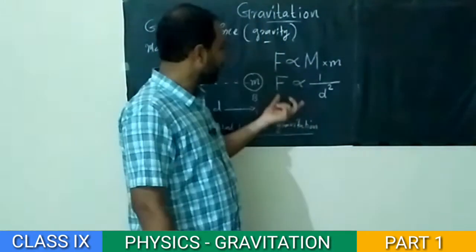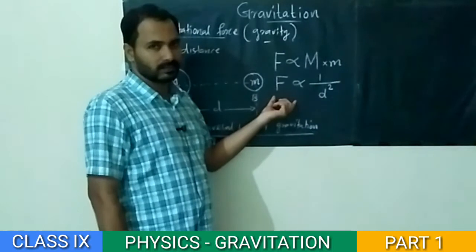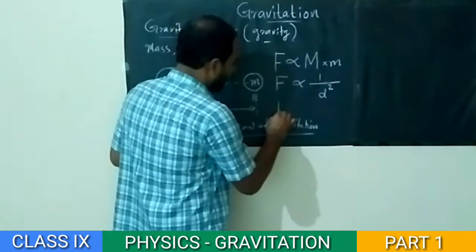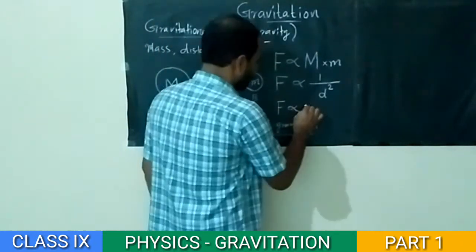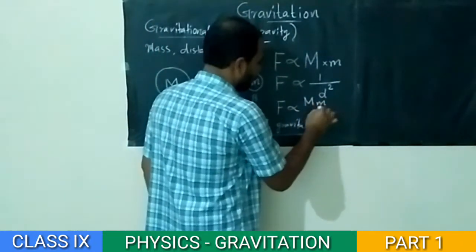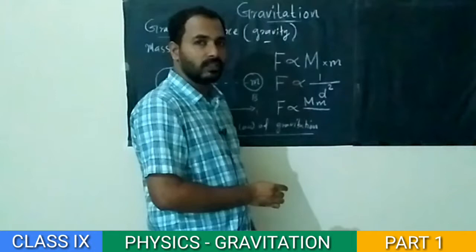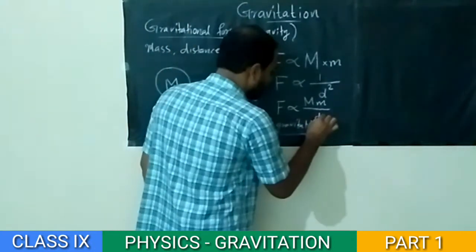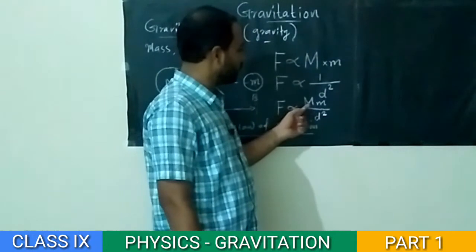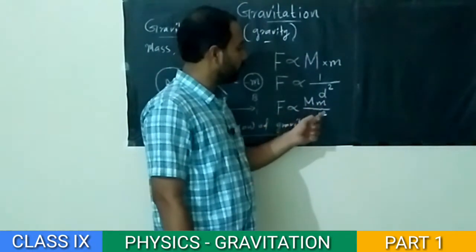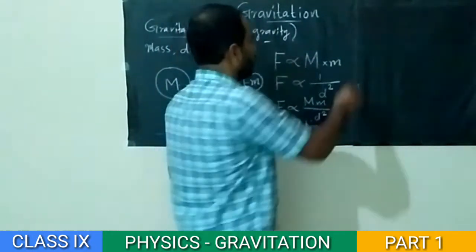We can combine these two relations. So we get F directly proportional to the product of their masses and inversely proportional to the square of the distance between them: F proportional to M times m divided by d square.